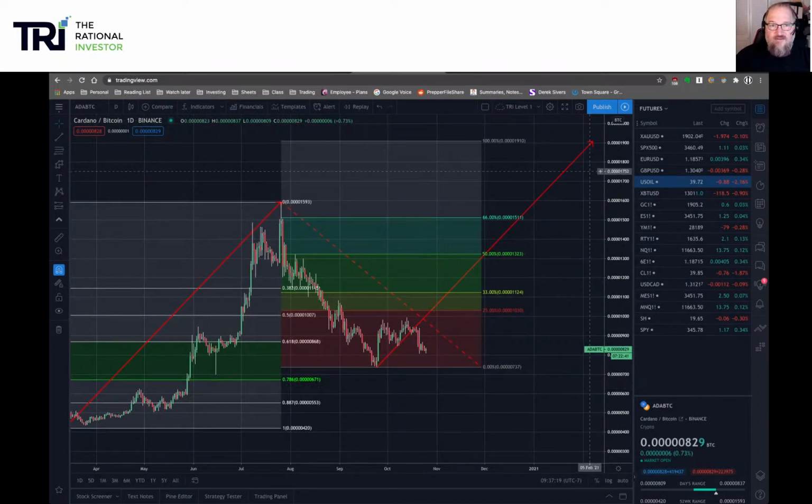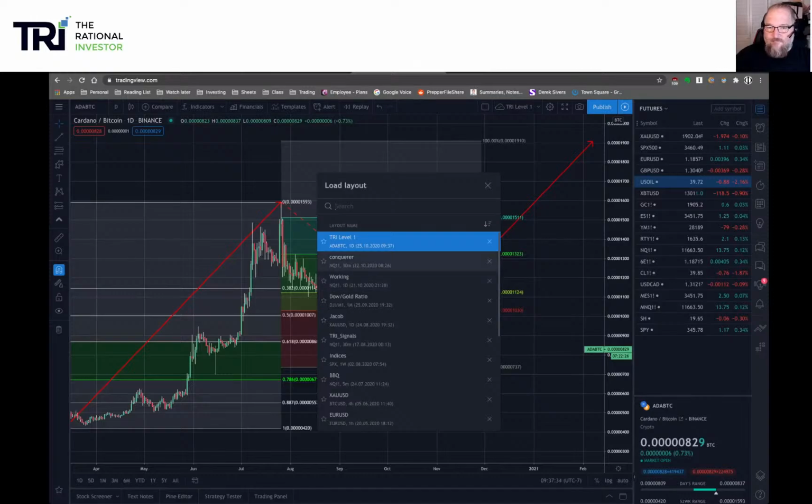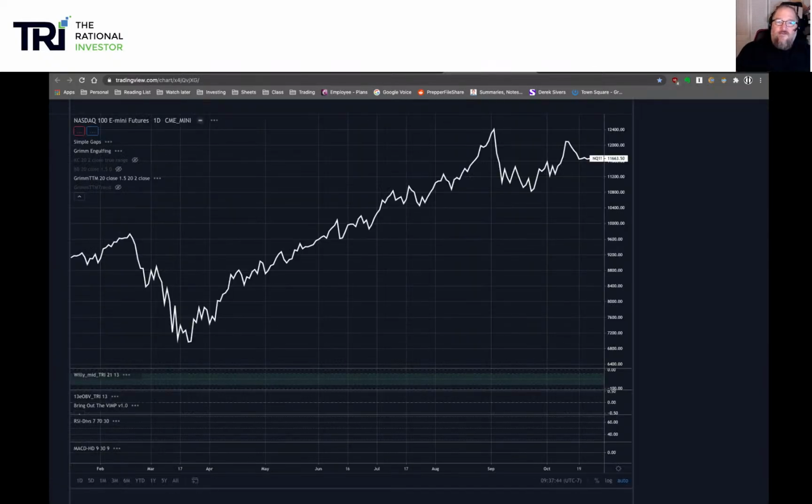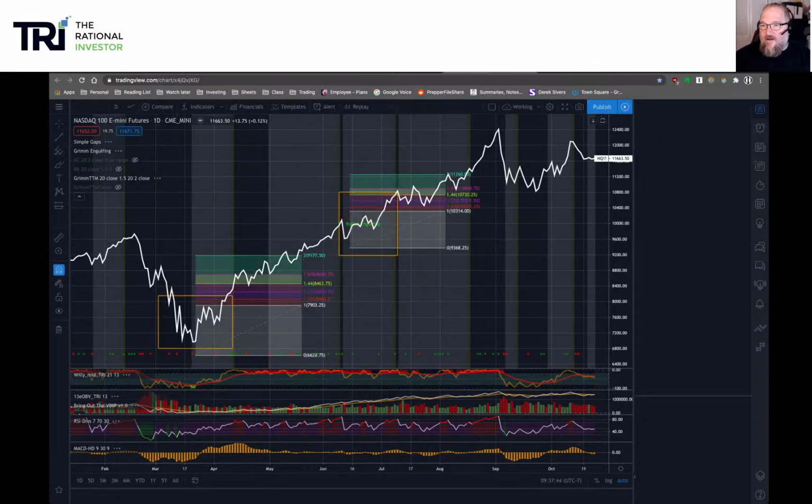To give you guys a teaser, what I would be looking at personally is ADA, BTC on Binance. I don't trade Binance. I trade Bittrex, but not Binance. But let's take a look. I'm gonna have to hide a few things because it's gonna be too complicated, I think, for you guys.